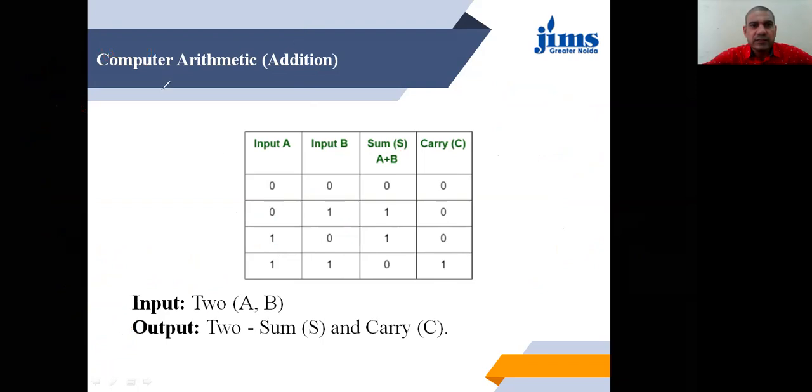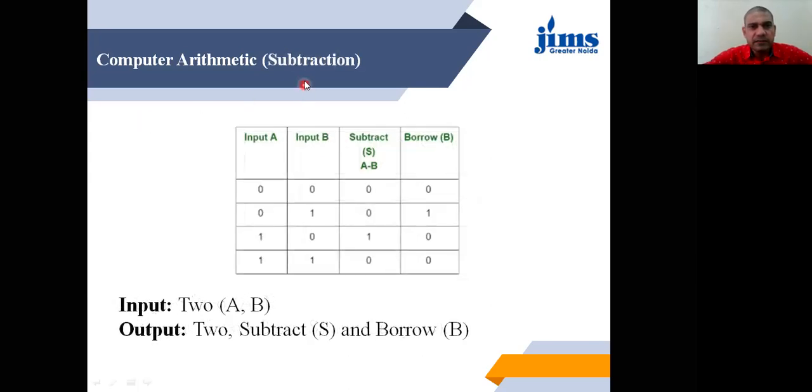So this was the case for the addition arithmetic operation. Now we will see the arithmetic in the case of subtraction.